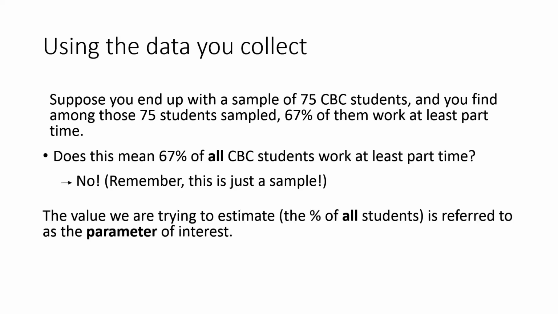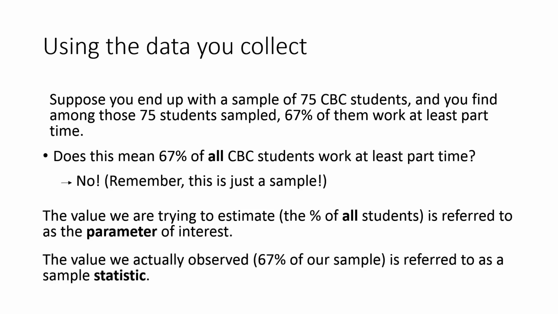The value we're trying to estimate, so our goal would be to know the percent of all the students that are working, we have a name for that. That's called the parameter. That's the parameter we're interested in. The value we actually observe, so in this case, 67%, that's referred to as a sample statistic.